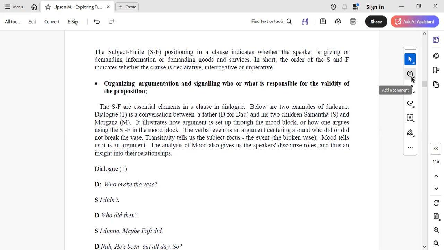Yeah, they are, right? And then when we say who did, what is happening here? Has the subject been replaced, substituted by who or not?